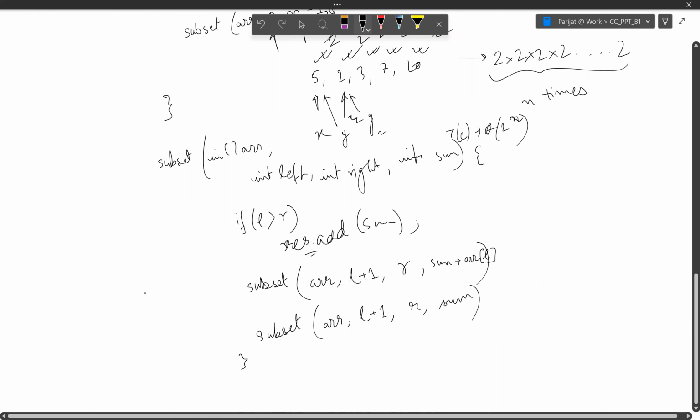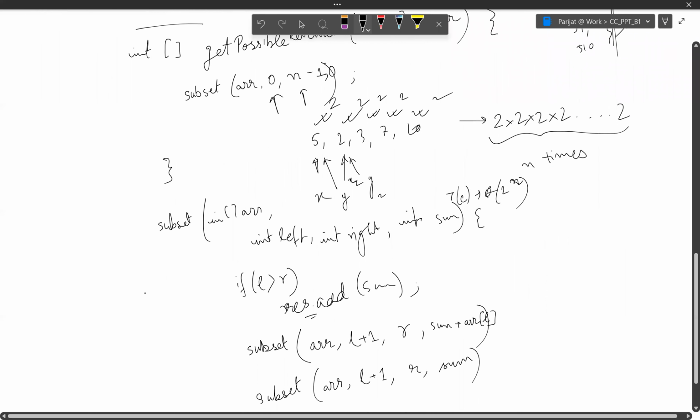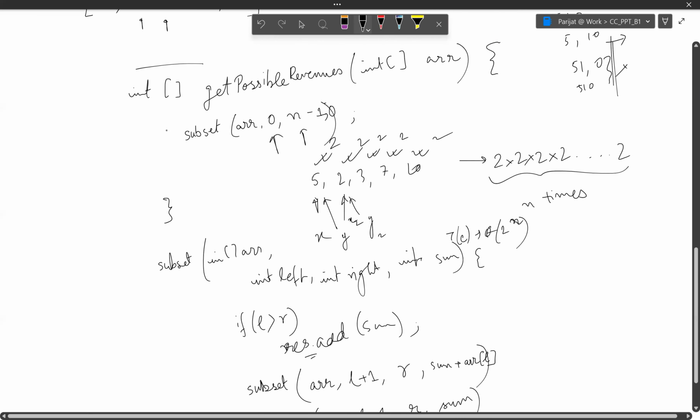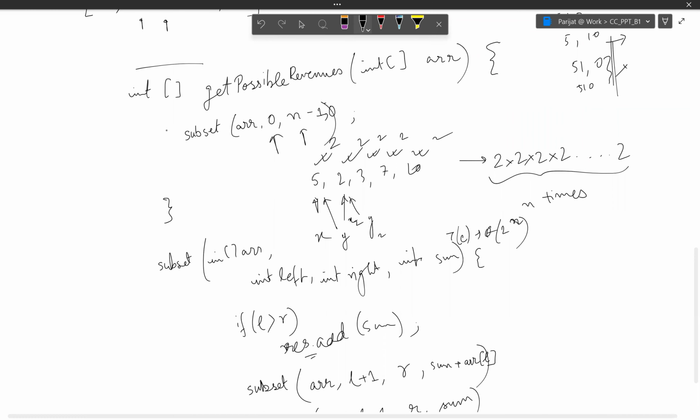You can also keep the results as a set, because 2 and 3 can also give 5, 5 itself can also give 5, right? So you can use the results as a set so that it doesn't have any duplicate elements. And then you can modify them, basically only adding elements to the set if it is not there.